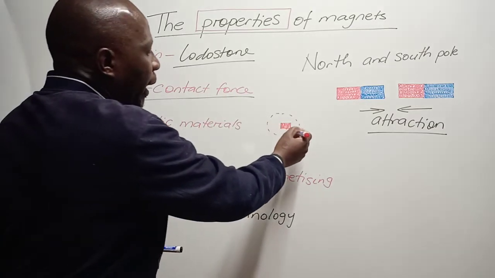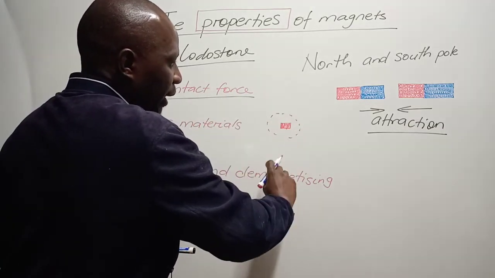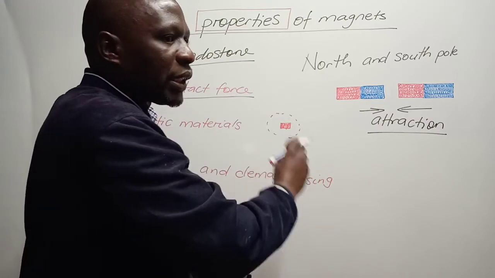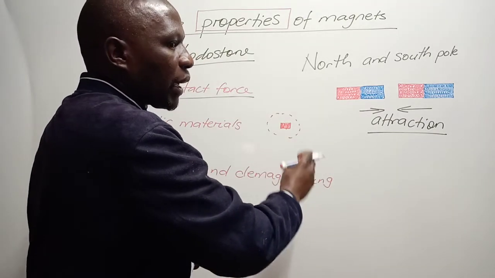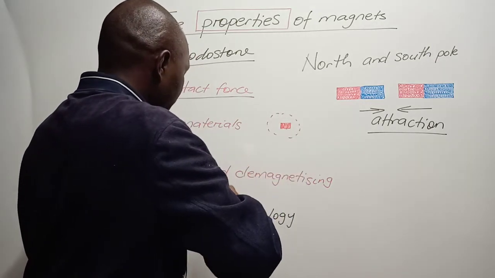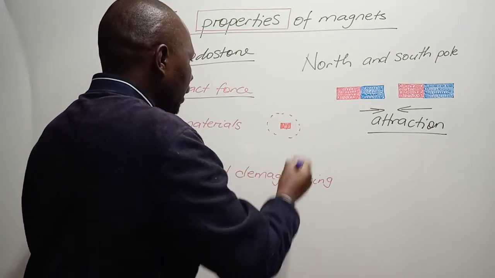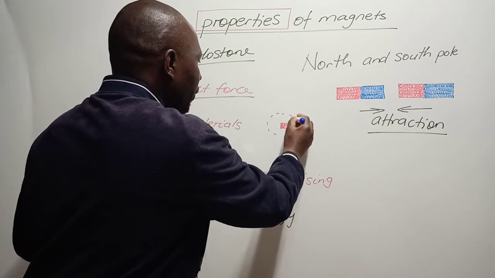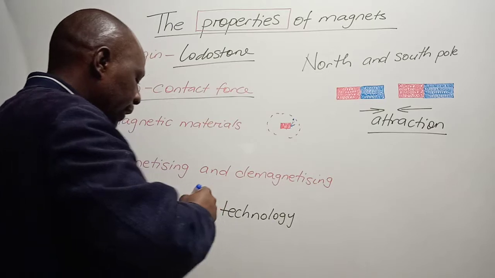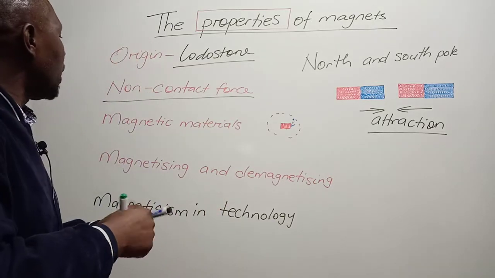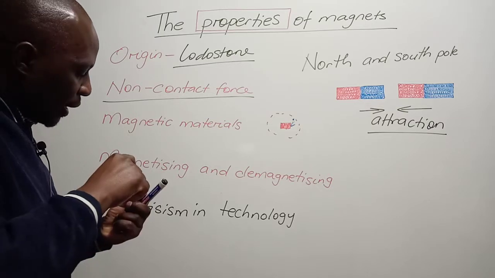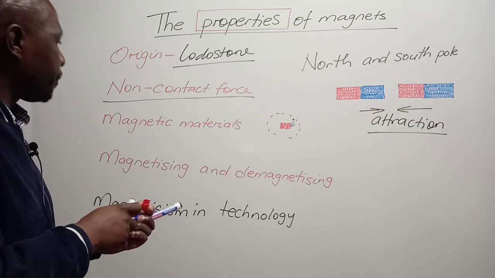So a magnetic material, or anything that is made out of material which can be attracted by a magnet, as long as it exists inside the magnetic field, it will be attracted to the magnet. That is what they mean when they say a magnet is a non-contact force.